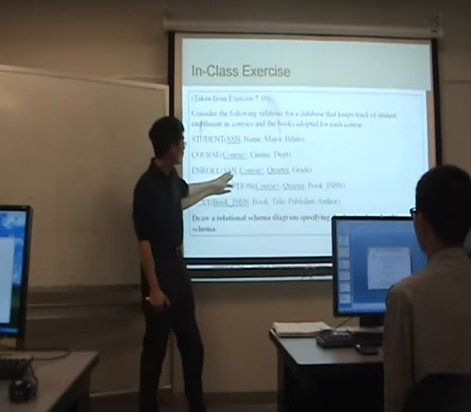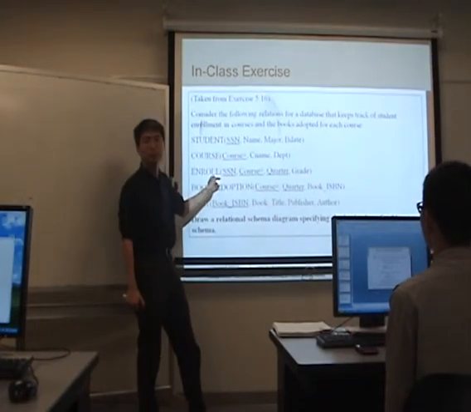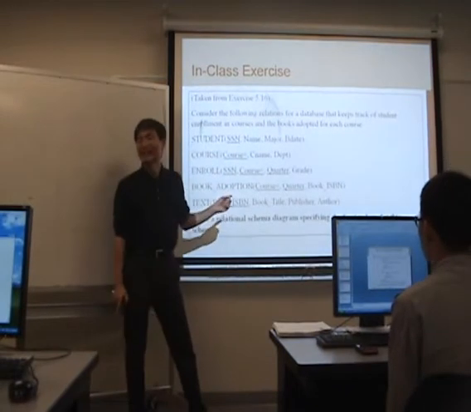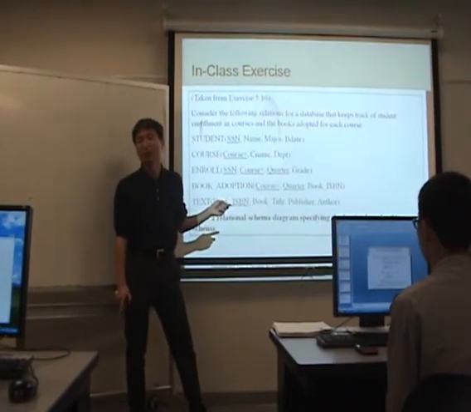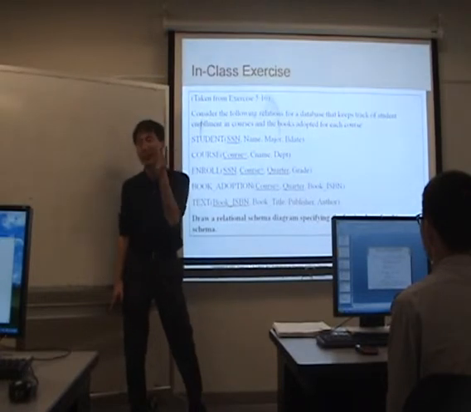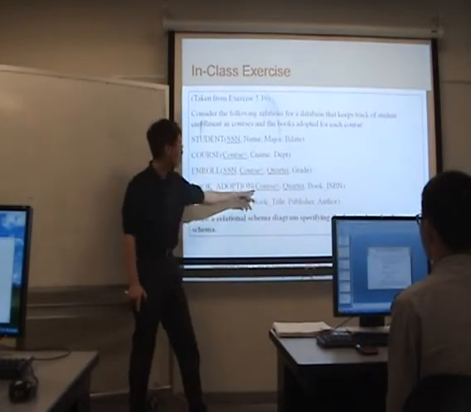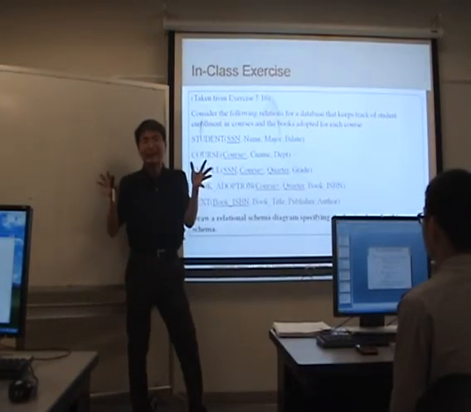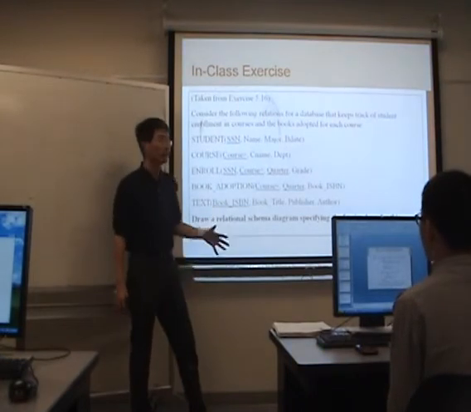So in this case, how many primary keys for enroll? One primary key. It's a composite primary key. We need 3 attributes to make them unique. This one, we need 2 attributes to make unique. That's the primary key.